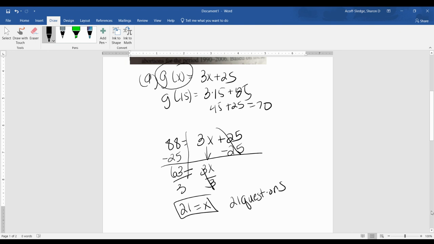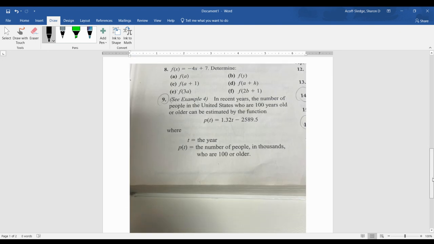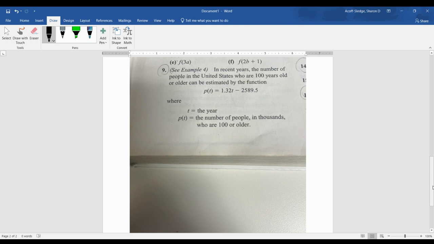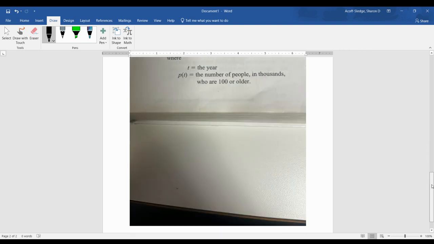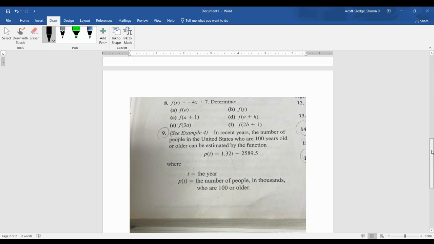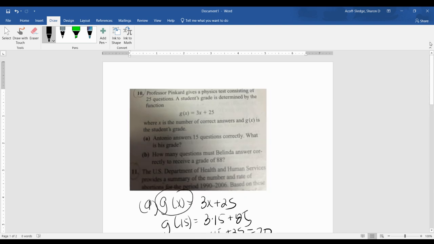Let me get to the second question. Okay, so you said work number 9. In recent years, the number of people in the United States who are 100 years or older can be estimated by this function, where, I don't see the rest of the question. What is the question? Okay, let me see if I can find that at the top of this one. Oh, I cropped it.